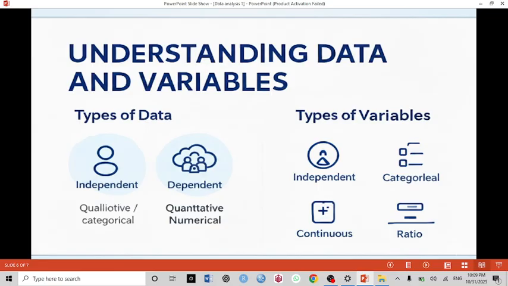But the major difference between continuous and ratio scale is that continuous scale has the presence of decimals in it, while ratio scale does not have decimals. So with that, I think that is enough for understanding data and variables.